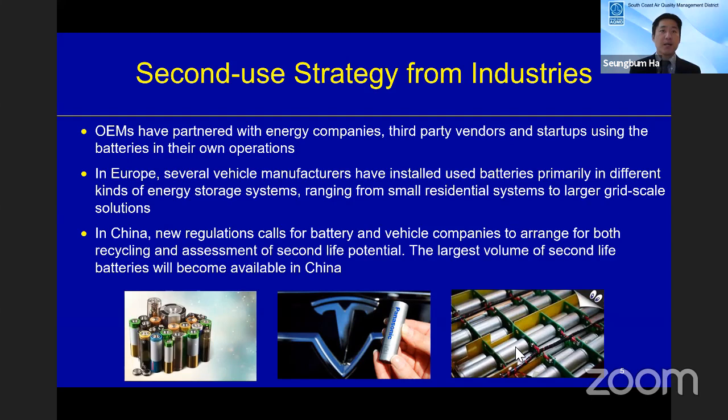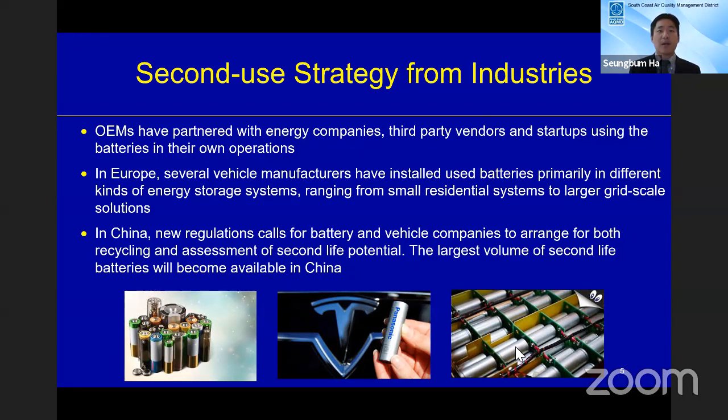Auto OEMs in the US have partnered with energy companies, third-party vendors, and startup companies to find out how to use batteries from old electric vehicles. In Europe, several vehicle manufacturers have already installed used batteries primarily in different kinds of energy storage systems, from small residential systems to large grid-scale solutions.